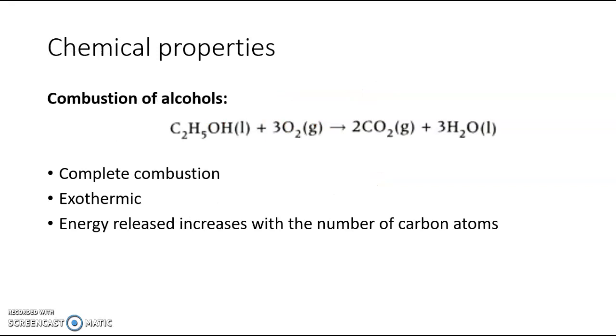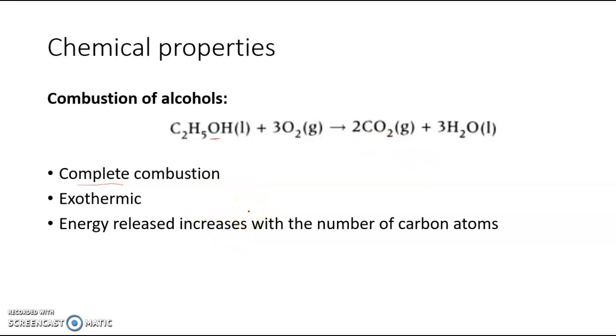We'll start off with combustion. Alcohols burn very easily, and it's facilitated by the presence of the oxygen within an alcohol molecule. So consequently, alcohols tend to burn completely. They burn very neatly, and they produce mostly carbon dioxide and water vapor. The reaction is exothermic.